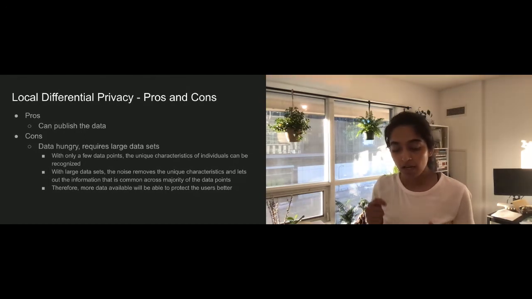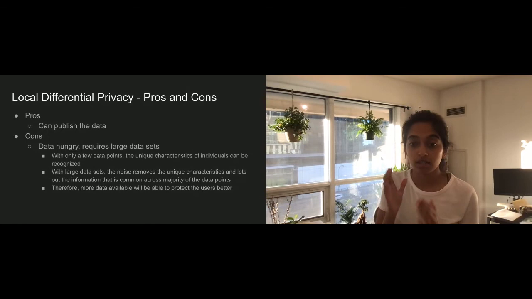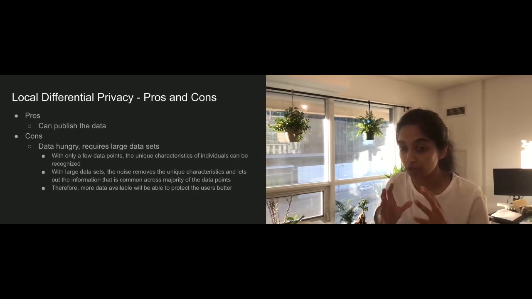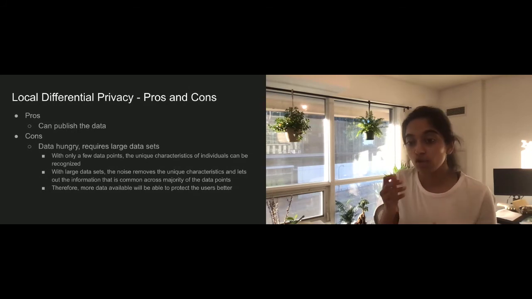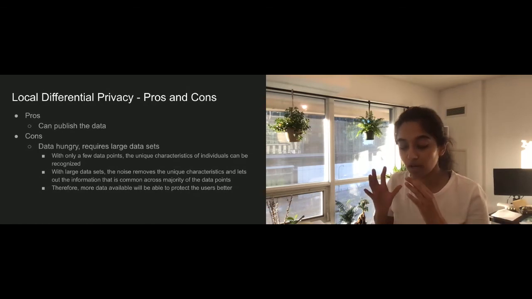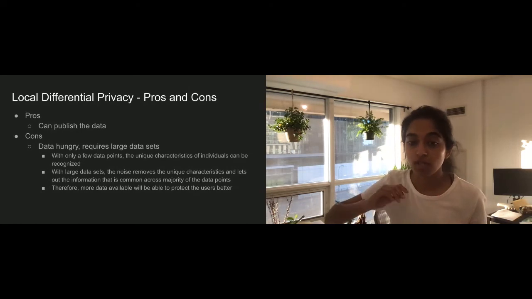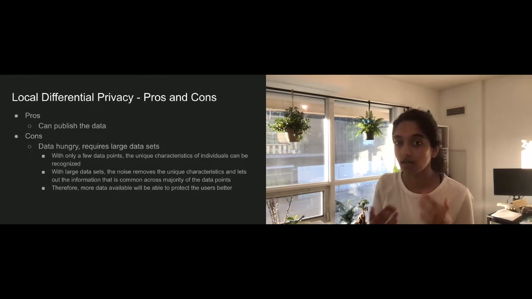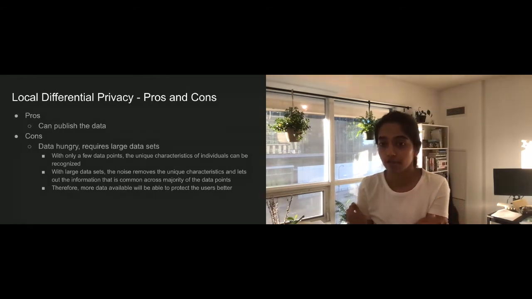As you saw, if the data set is small, you can still identify the individuals because the bias and noise you're introducing doesn't make up for it. So you need more data points to come to a result that's close to the actual result and to protect the data subjects in the database. Those are the pros and cons of local differential privacy.